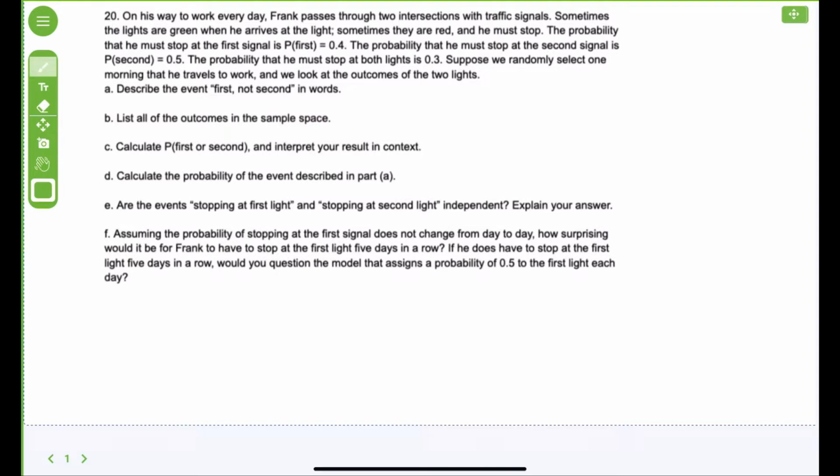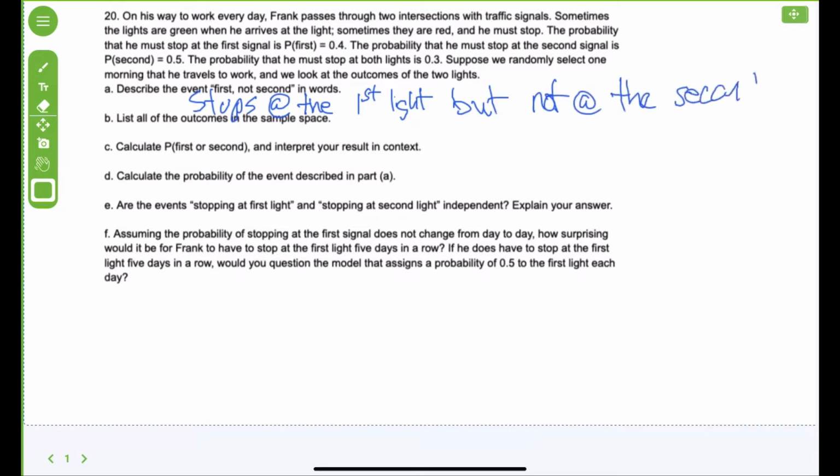So that would mean that he stops at the first light, but not at the second light. Okay? Now it says list all the outcomes in the sample space.